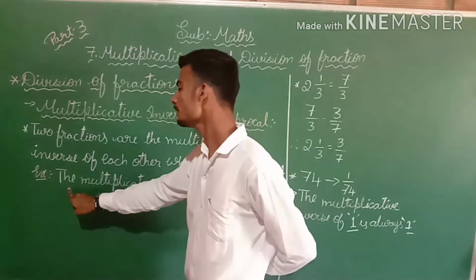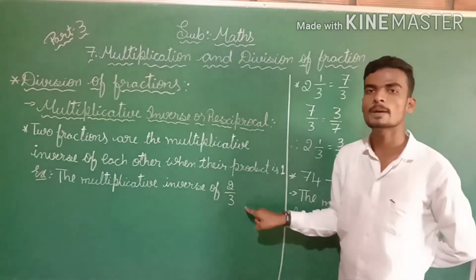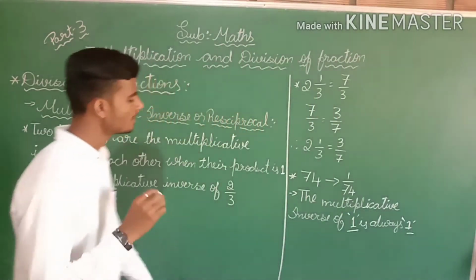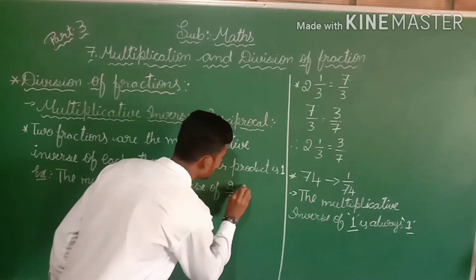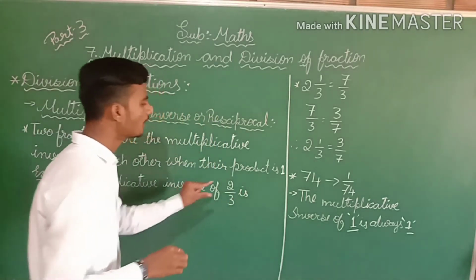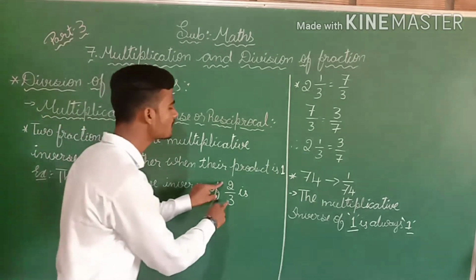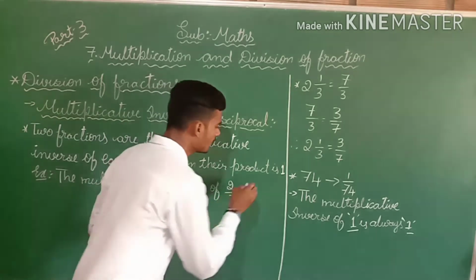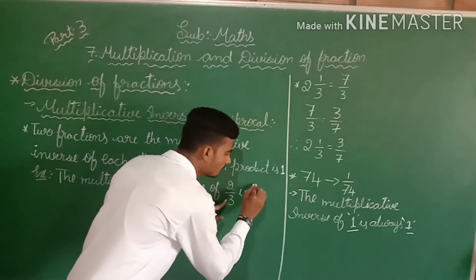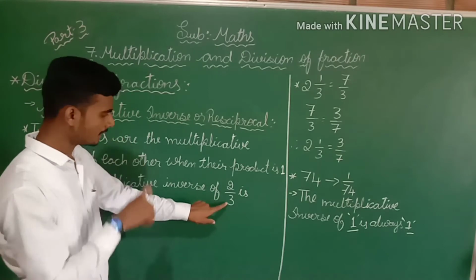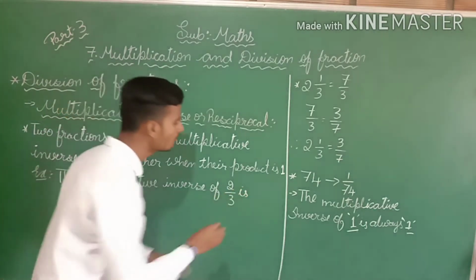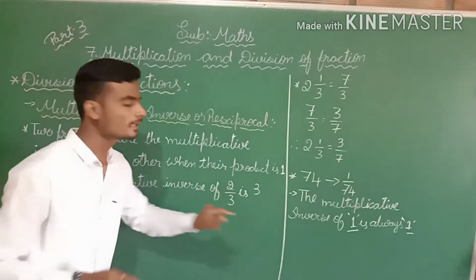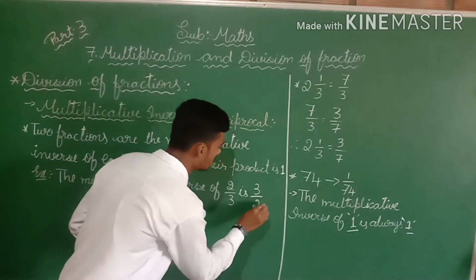For example, the multiplicative inverse of 2 by 3. How will you write the multiplicative inverse of 2 by 3? You know already how to write the multiplicative inverse. You have already studied it in previous classes. The denominator part must be written as the numerator, and the numerator part will be written as the denominator.